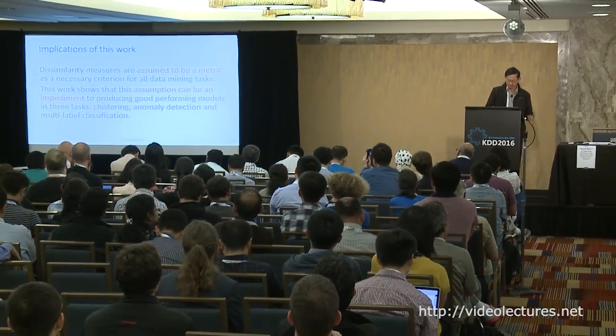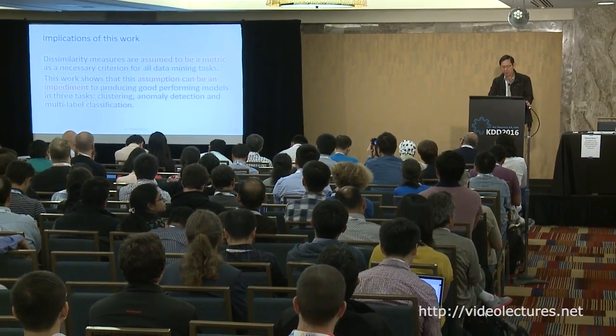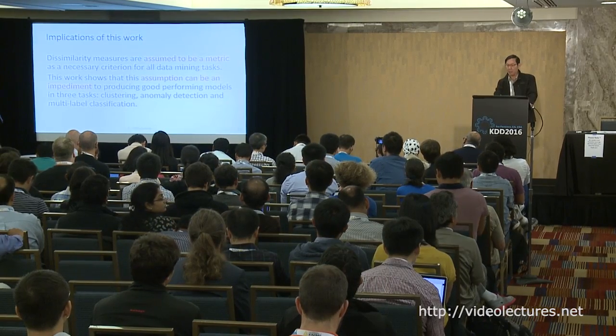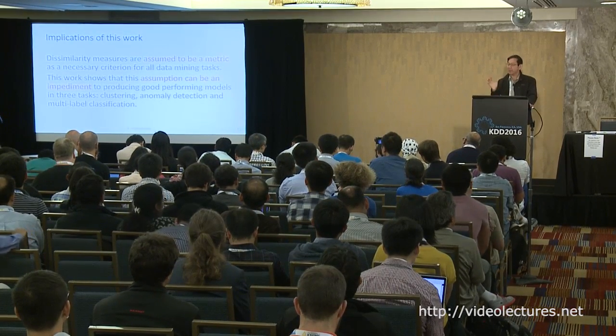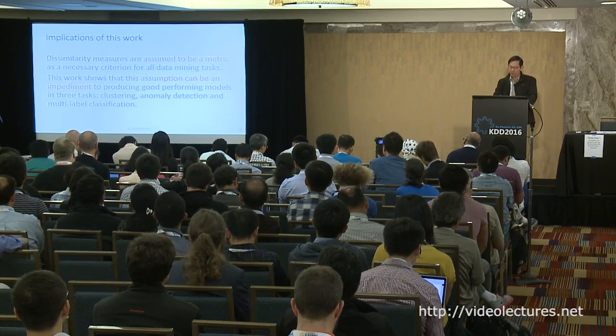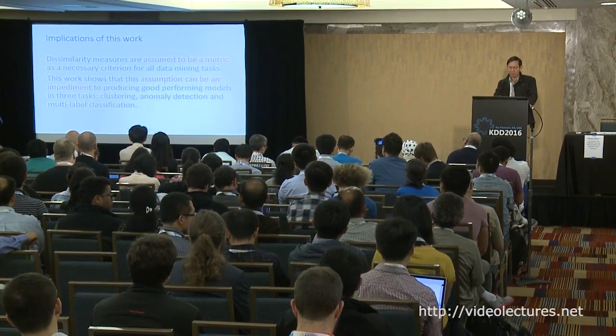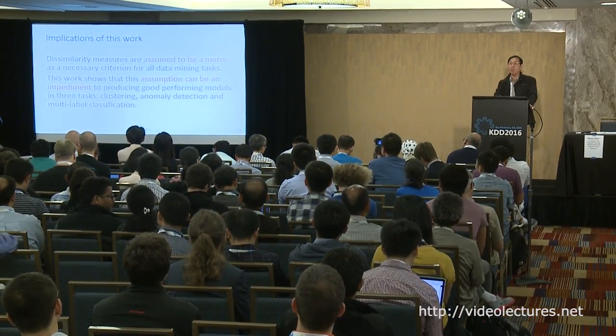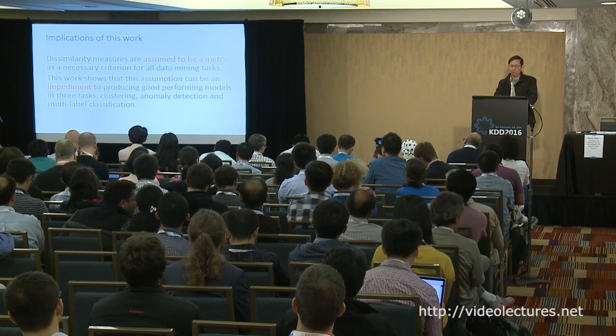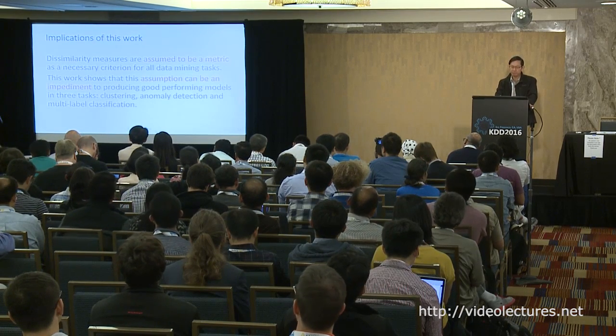So the implication is that the dissimilarity measure is assumed to be a metric as a necessary condition for all data tasks. But this work shows that the assumption can be an impediment to producing good performance models in three tasks.